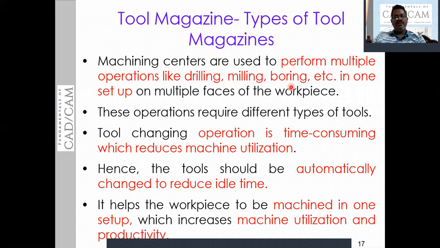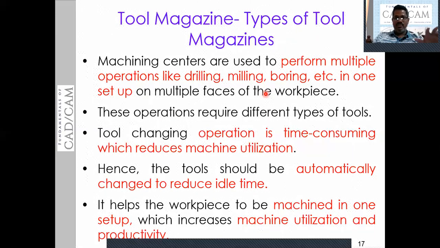Of course, it can use a punched card, a program, a dedicated computer, a central computer, or in between, a mini computer or a satellite computer. In all cases, any machine able to perform multiple operations in a single setup can be called a machining center.